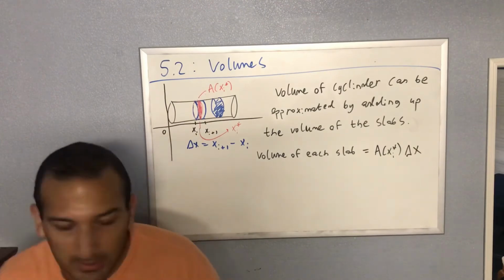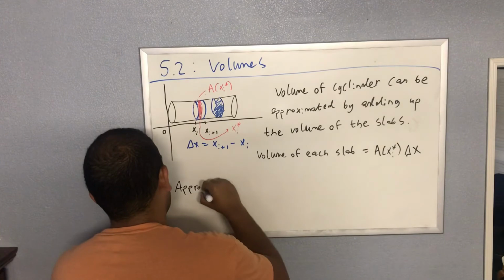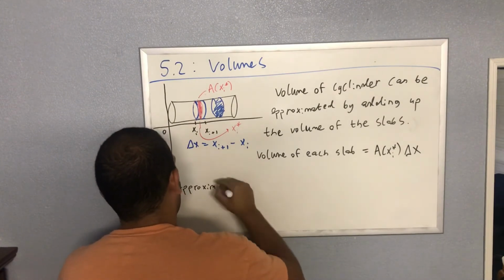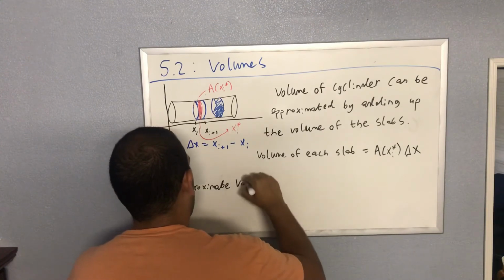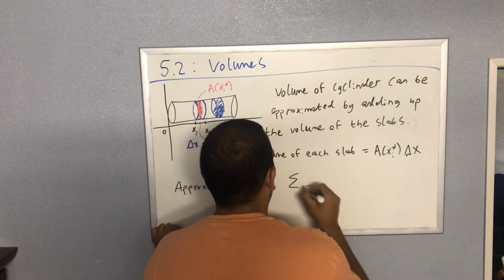So what I mean is the approximate volume is this. It's the sum of all the slabs.